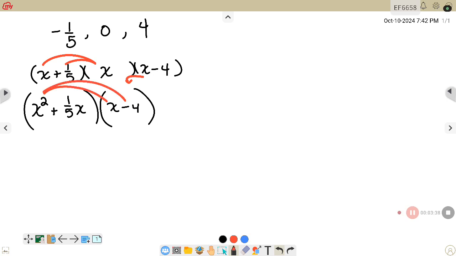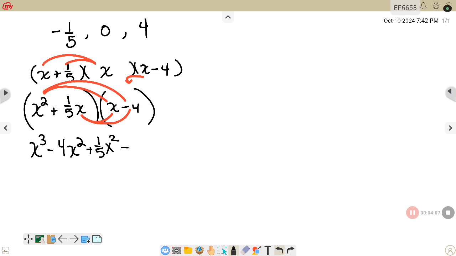So my first, x times x, gives me x to the third. X times negative 4 gives me negative 4x squared. My inner gives me a positive 1/5 x squared. And then my last, I've got a positive times a negative, so I'm going to have a negative. I've got 1/5 x times 4.